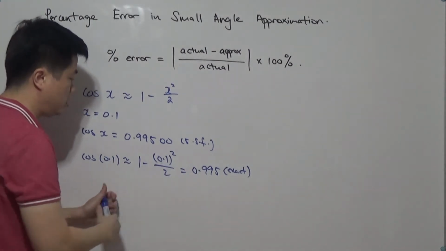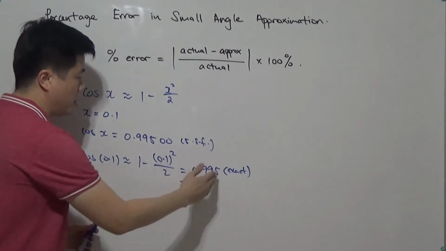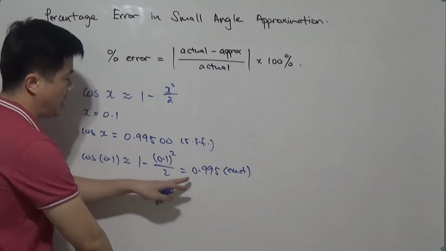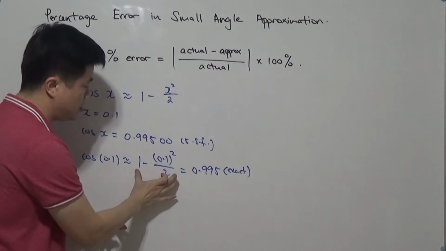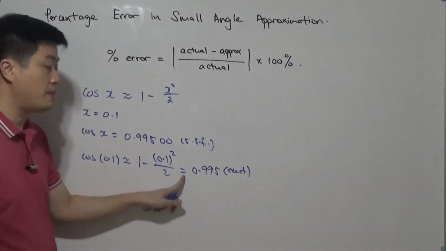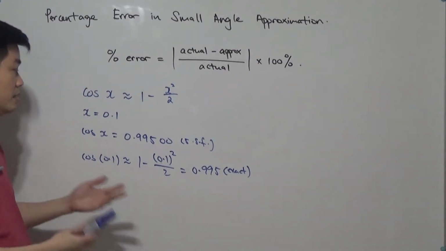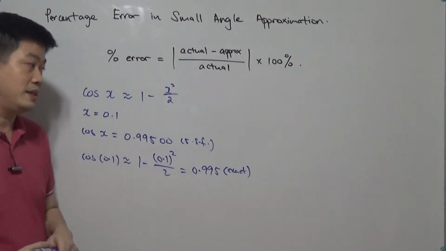But we do not continue to use the curly equal sign afterwards, because on this side, this value is exactly equal to 0.995, and that's the reason why we keep it as an equal, okay? So note the difference, and learn how to use them correctly, okay?